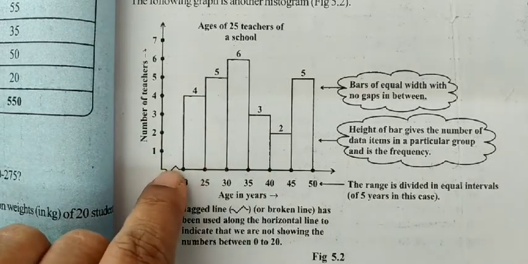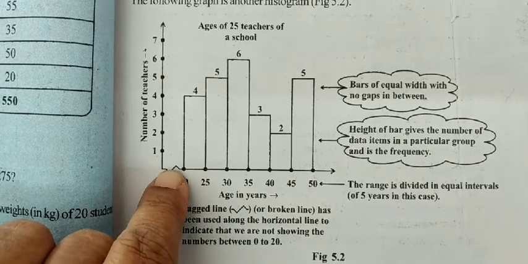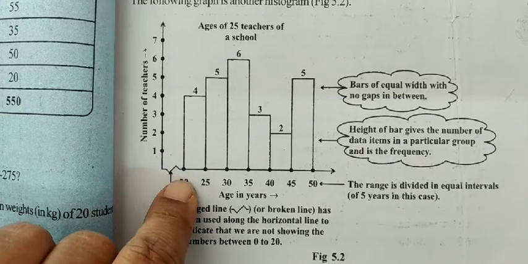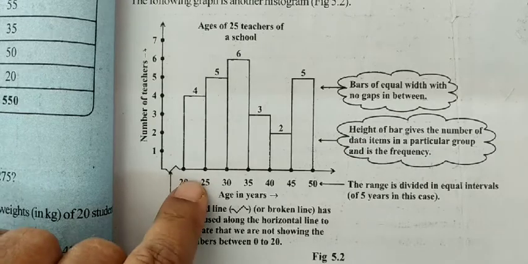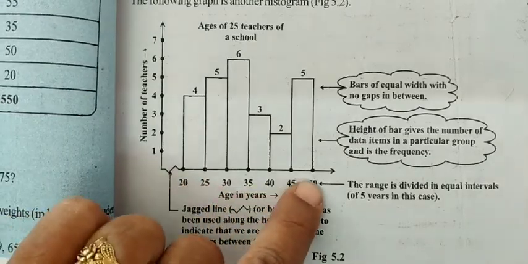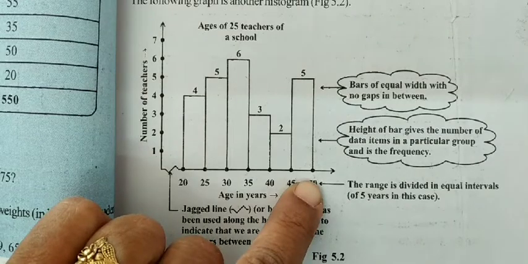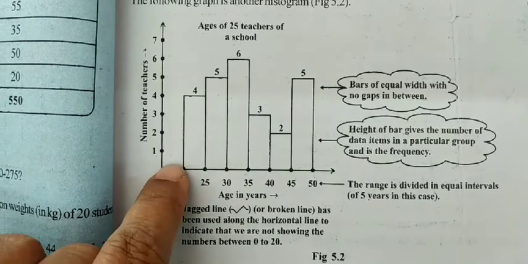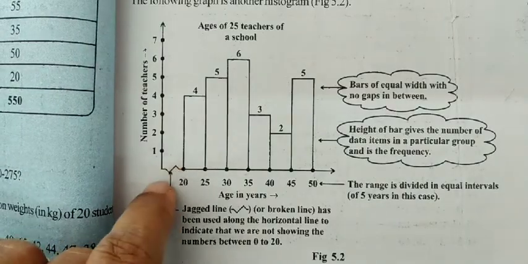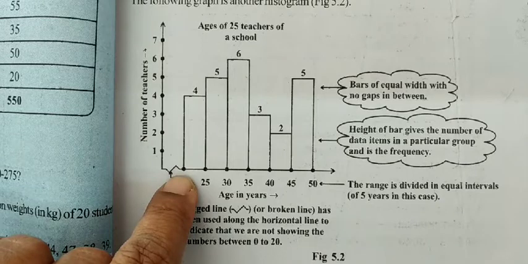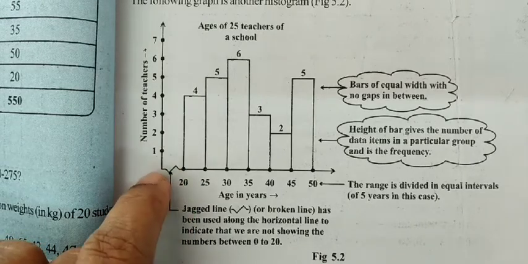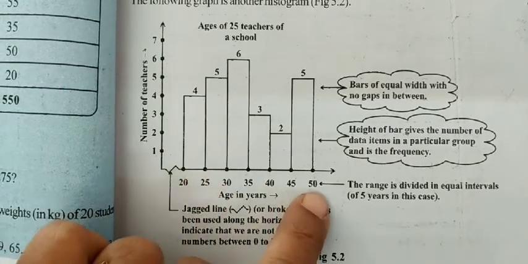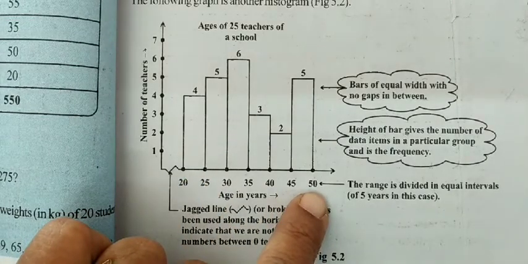If you forget to put this zigzag line, then it will be considered a mistake, because the first interval is of 20, and how come you take an interval of 5 in the next consecutive class? So compulsorily you have to take the broken line if you are skipping 0 to 20. Understood? And then you can keep a continuous interval of 5.